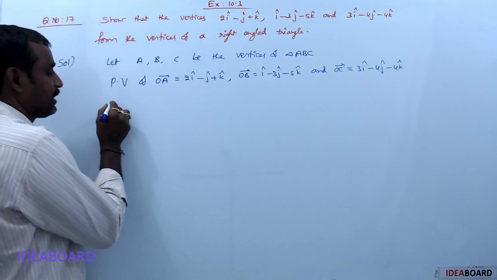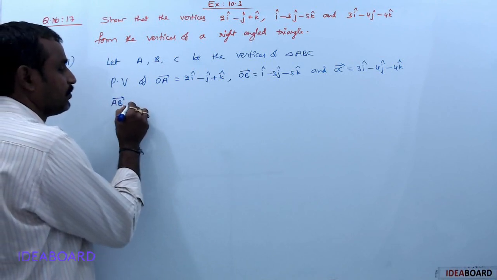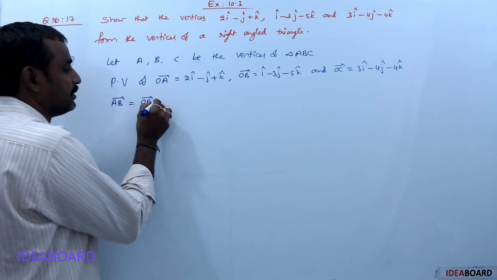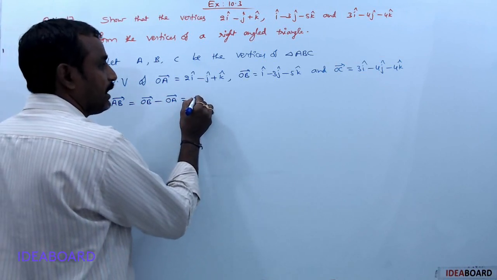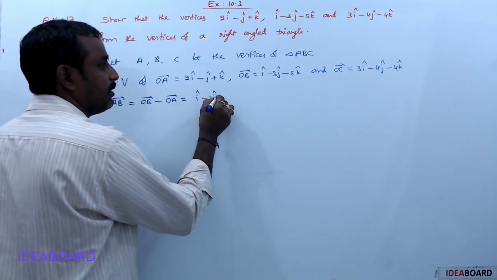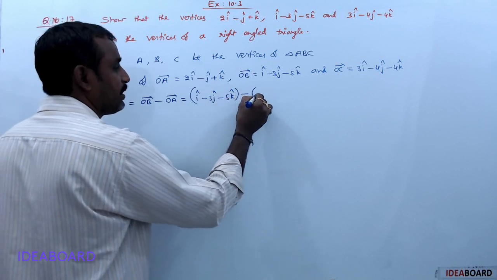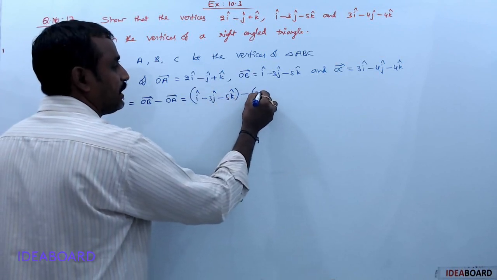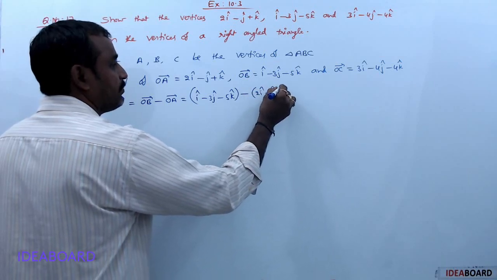First of all, AB bar is equal to OB bar minus OA bar. This is equal to i cap minus 3j cap minus 5k cap, subtracted by the vector OA bar, 2i cap minus j cap plus k cap.